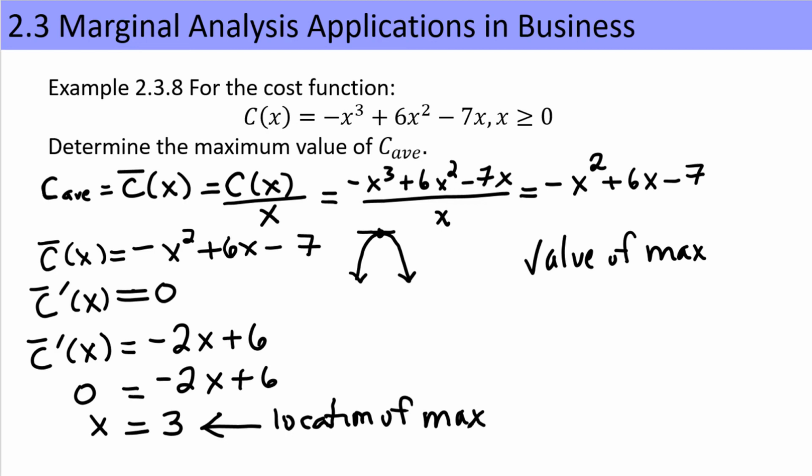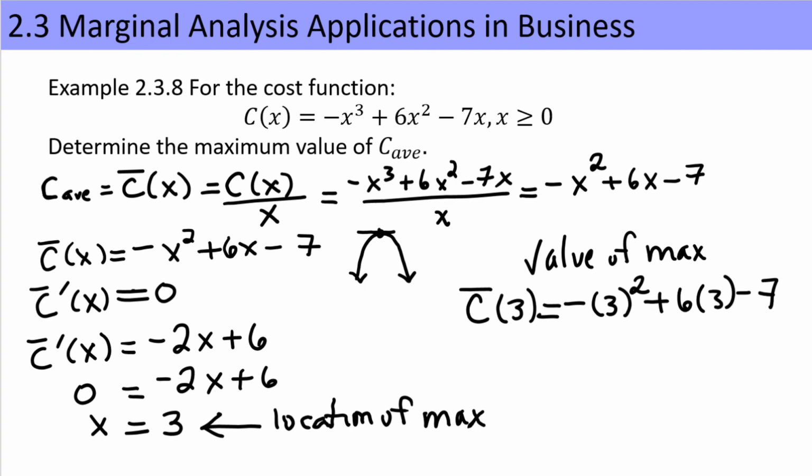That is, we will compute, not in the derivative, but in the actual average cost, C bar, at 3, which will be negative 3 squared plus 6 times 3 minus 7, and that is 2. The maximum average cost is $2.